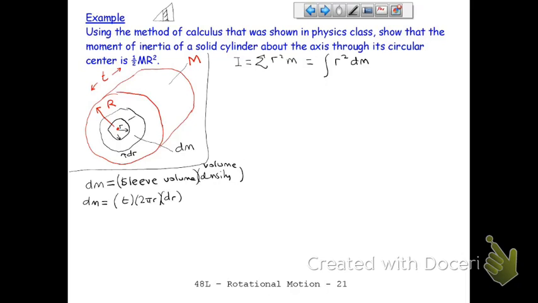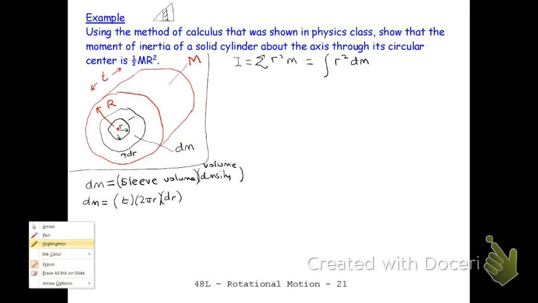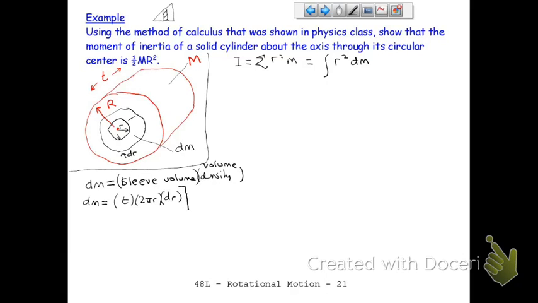Now I've got to find the density of the entire thing. So let's have a look at this. So that's that bit. Then I come along. Volume density. Well, the volume density is the total mass over the total volume. So dm is equal to t times 2 pi r times dr times m over.